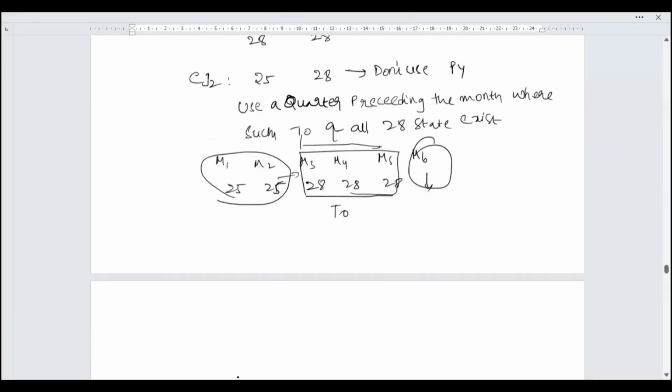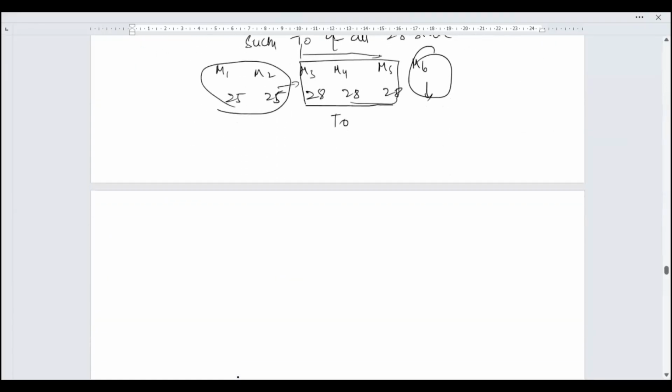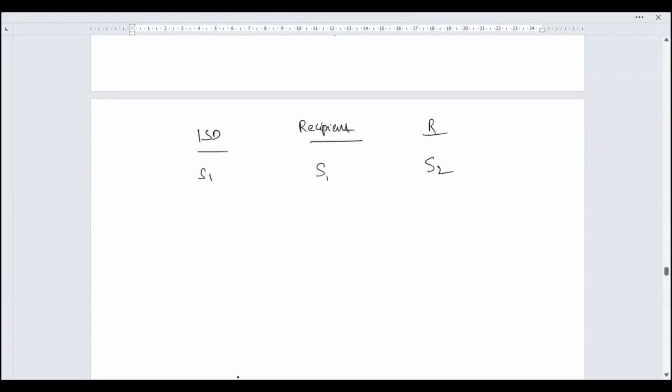Now, little further, they say, what if ISD is in state 1, the recipient could be in state 1, recipient could be in state 2. How do I distribute the credit? Now, if recipient is in state 1, recipient is in state 2, how do I distribute the credit?